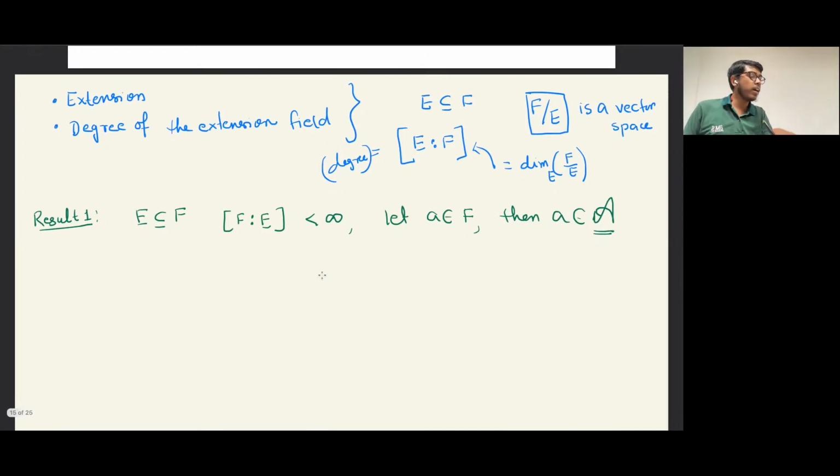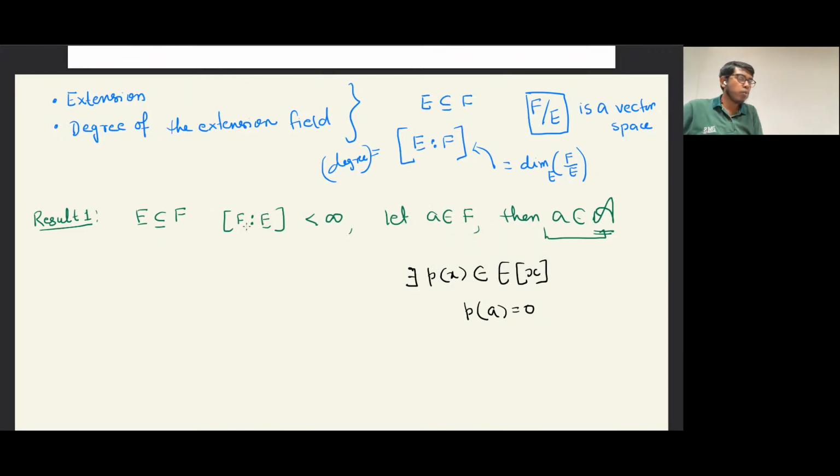Here by algebraic I mean that there exists a polynomial P in E[x], such that P of A equals 0. So how do we prove that? This is also a very easy proof. As I told, we will be refreshing the field theory also while proving this theorem.